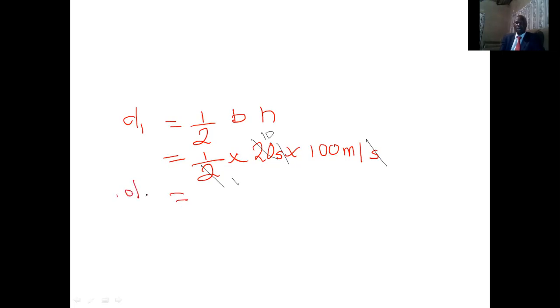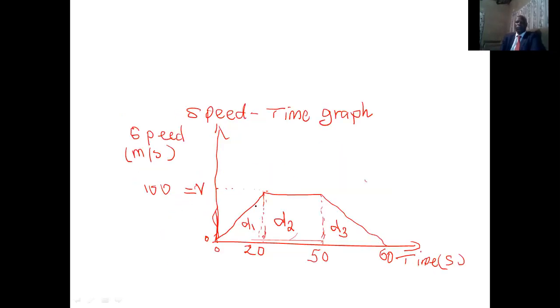So distance 1 will be equal to 10 times 100, which is 1000 meters. So we have found the distance for the car to move from rest to a point where it has covered 20 seconds.